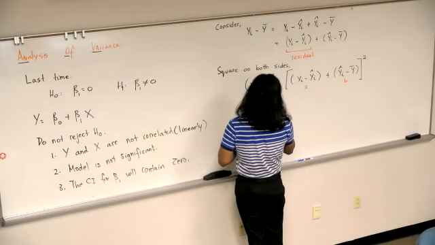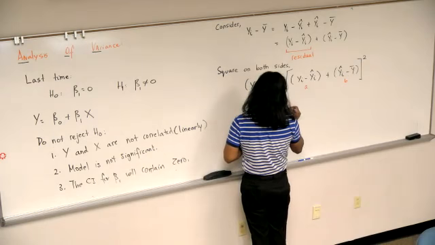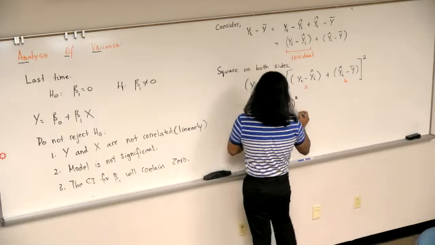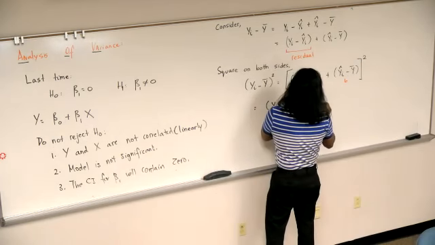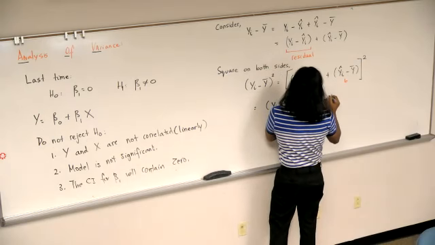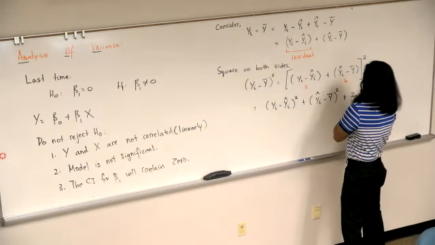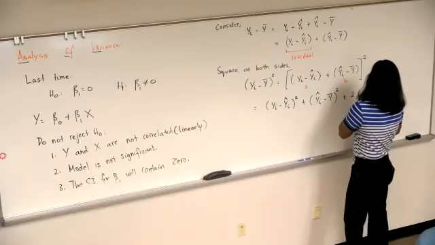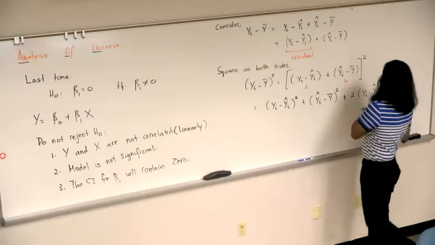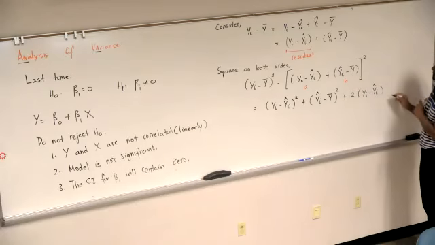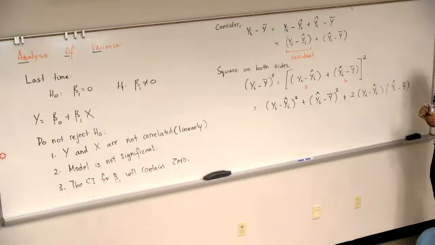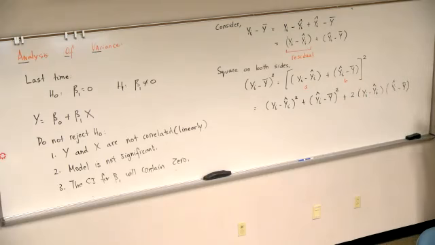So yi minus yi hat squared, yi hat minus y bar squared, two times yi minus yi hat times yi hat minus y bar. Good.